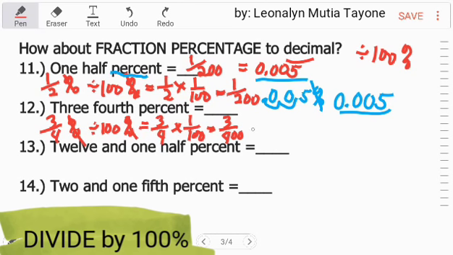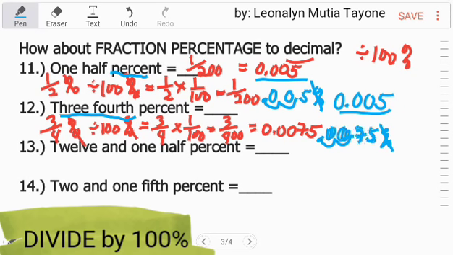Ang 3/400 ay pareho lang sa 0.0075. Ang 3/4% ay pwede nating isulat na 0.75%. Mag-move tayo ng 2 decimal places to the left side. 1, 2. So, dito na ang decimal at cancel out na sa percentage signs. So, equivalent na yan ng 0.0075.